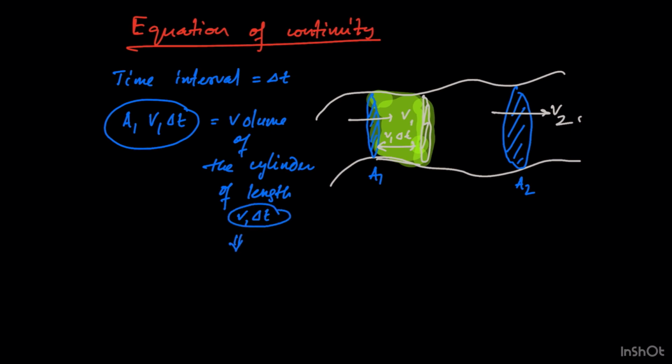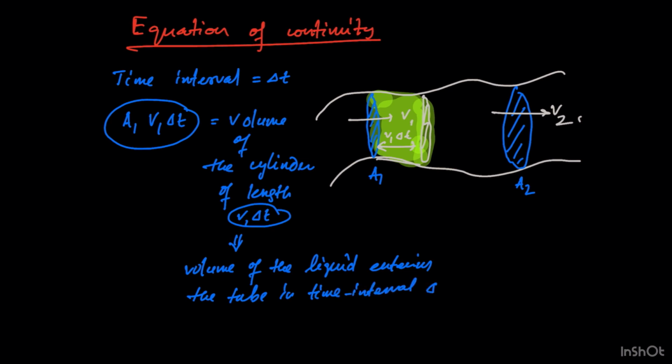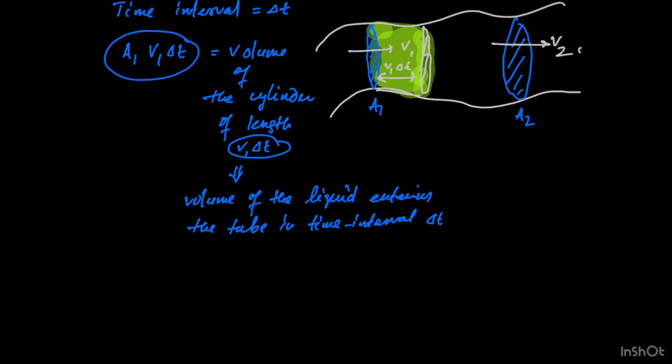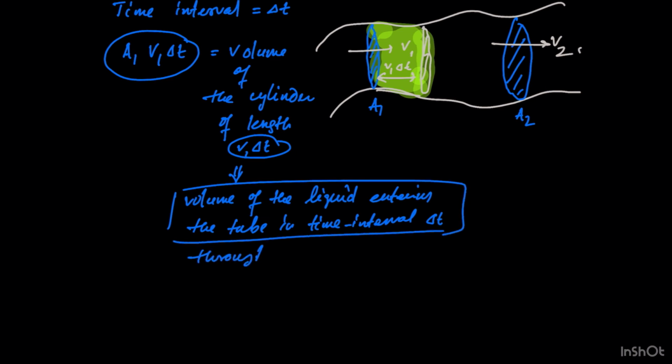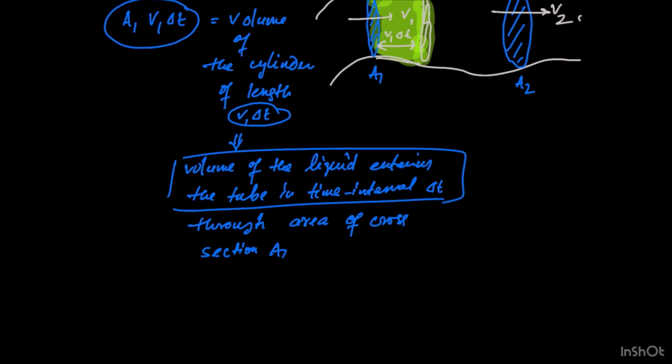This is the volume of the liquid entering the tube in time interval delta t through area of cross section A1. That is A1 v1 delta t.